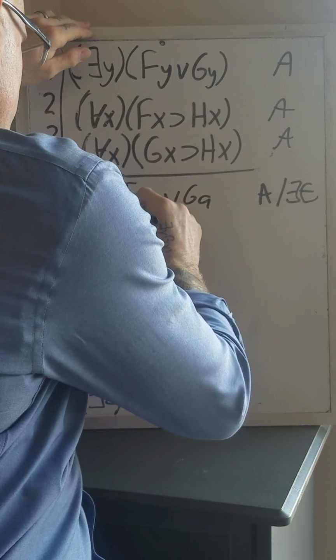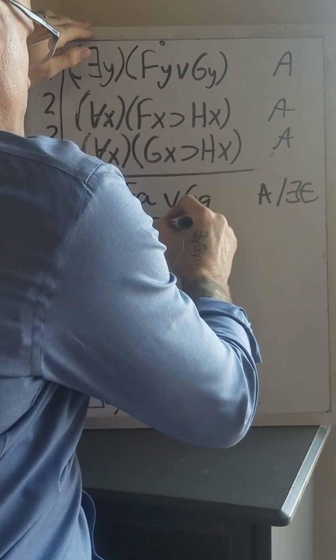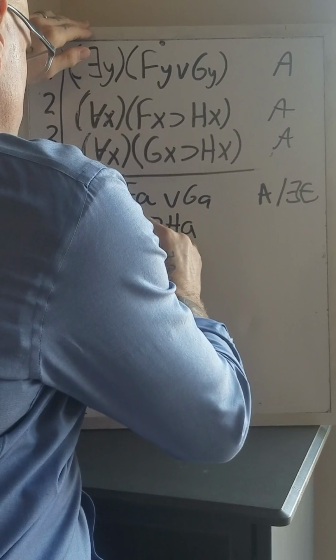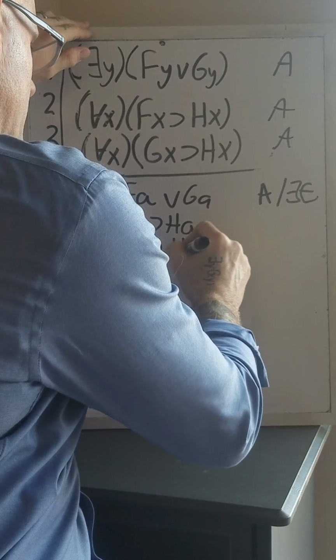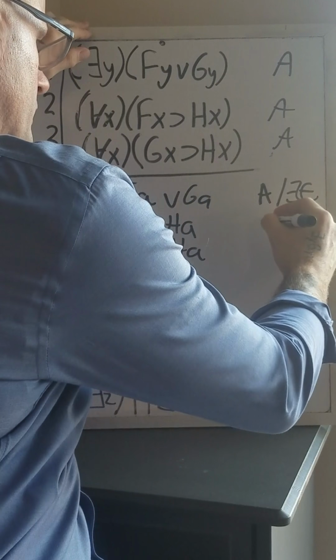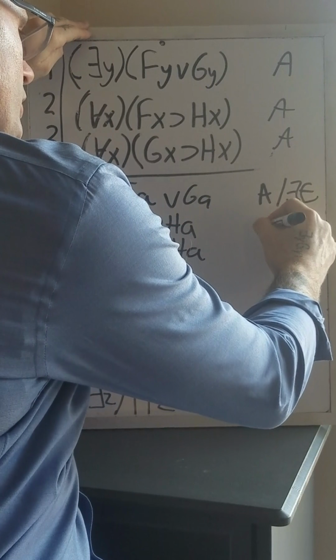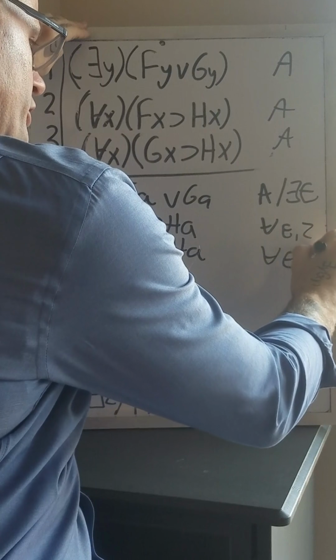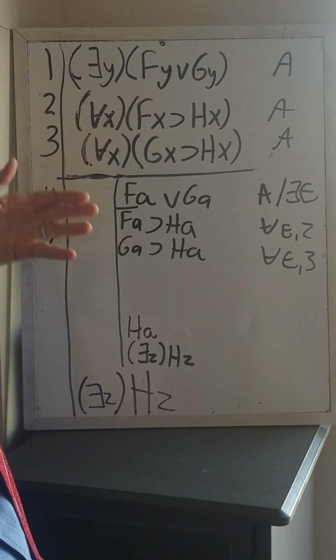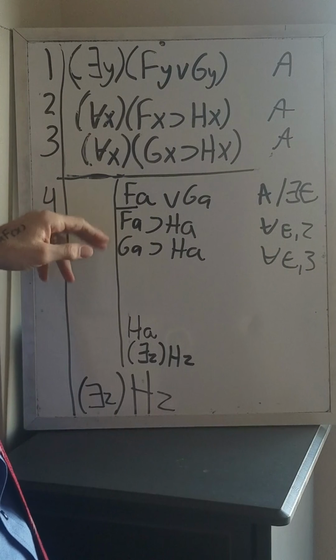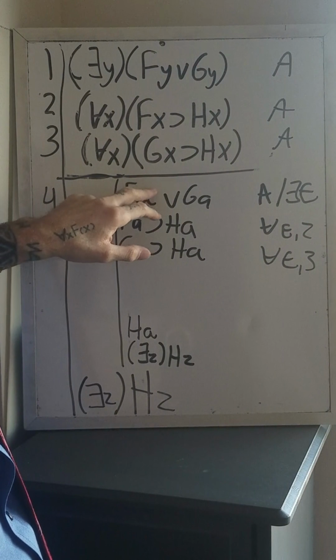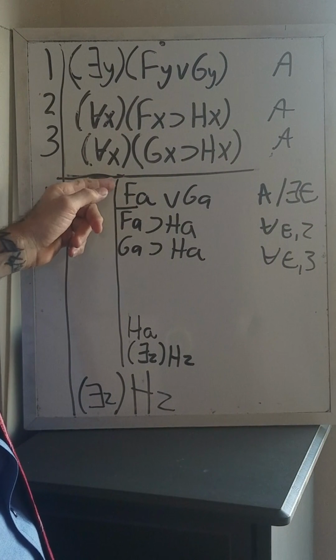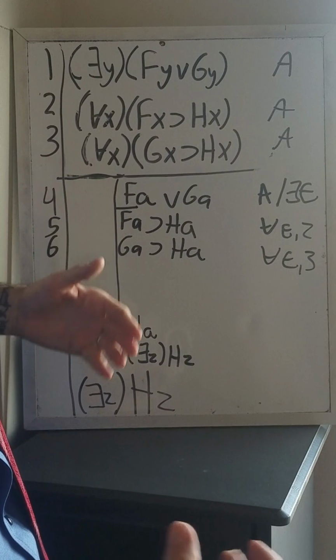So we get FA, therefore HA, and GA, therefore HA. Those are universal elimination on 2 and universal elimination on 3. We could have used any letters we wanted, but we want ones that go with what we already have here, so we can work with these together.